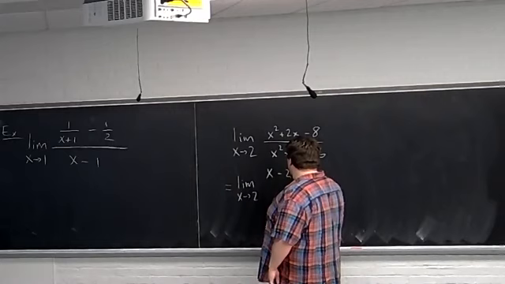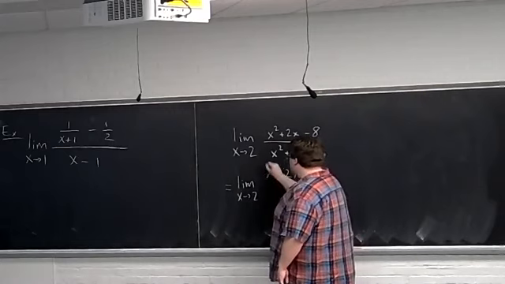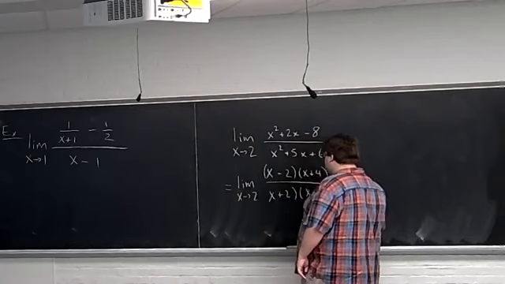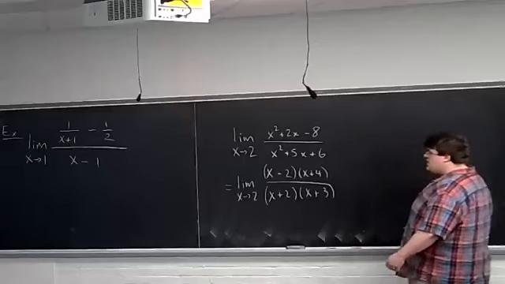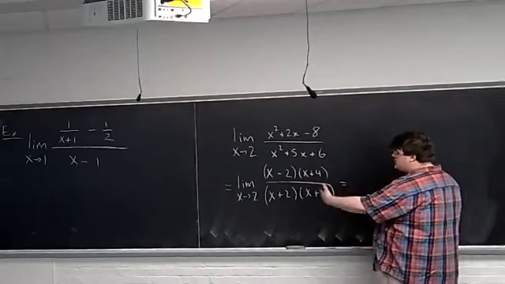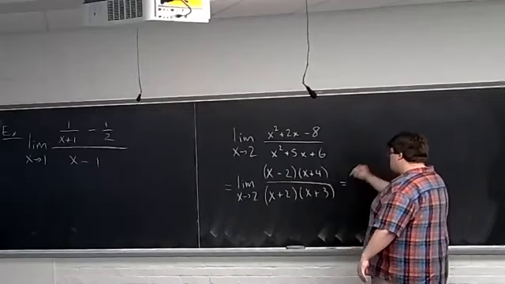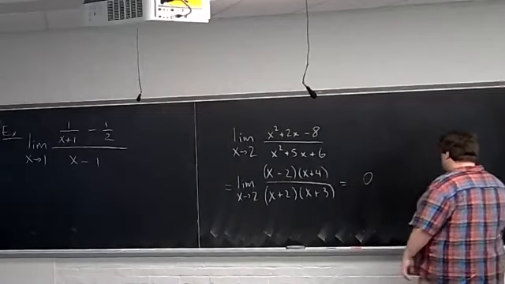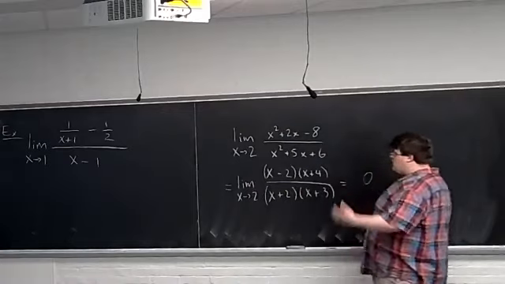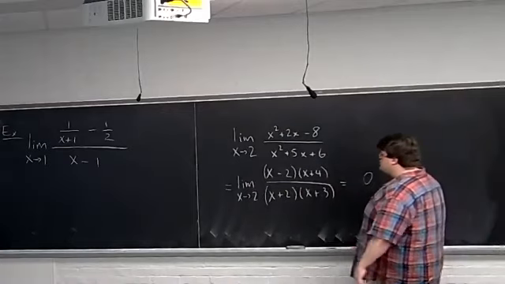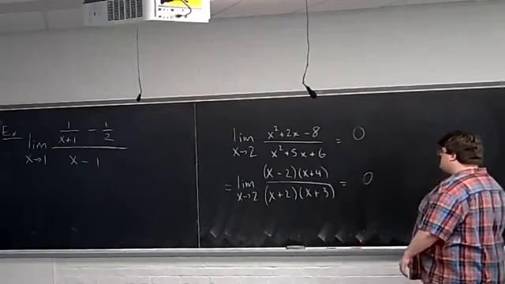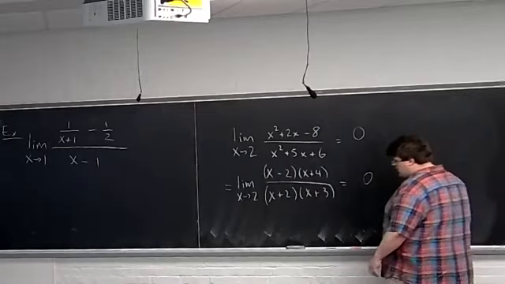X minus 2, x plus 4 on top, x plus 2, x plus 3 on the bottom. And if you did that, first of all, nothing would cancel, but notice in this step, if you substitute, you get 0 over some number, which equals 0. So it may be that you can factor and then do a substitution and nothing would cancel, but it would probably save time if you just looked at a substitution right at the beginning.